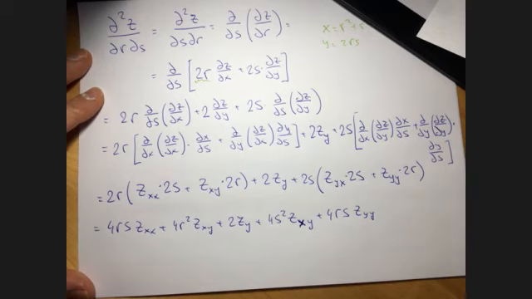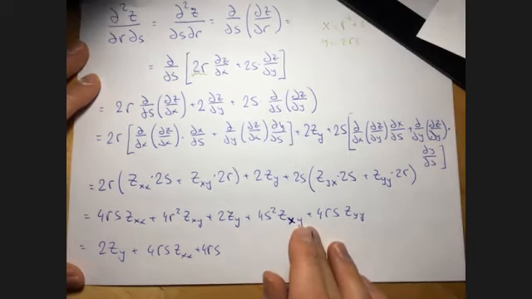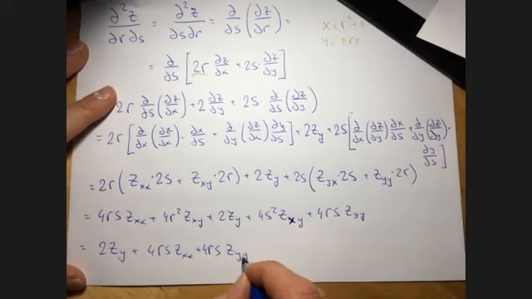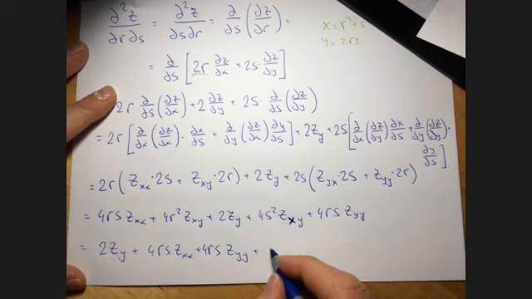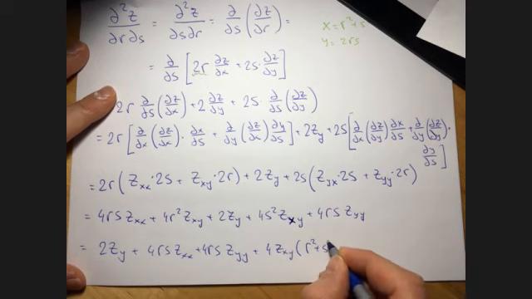And then which one we can add? Similarly to the previous, we cannot add any of these. Okay, so this is just going to be 2zy plus 4rs z double x plus 4rs z double y plus 4z, the second order partial derivative, which was the mixed derivative, r squared plus s squared.